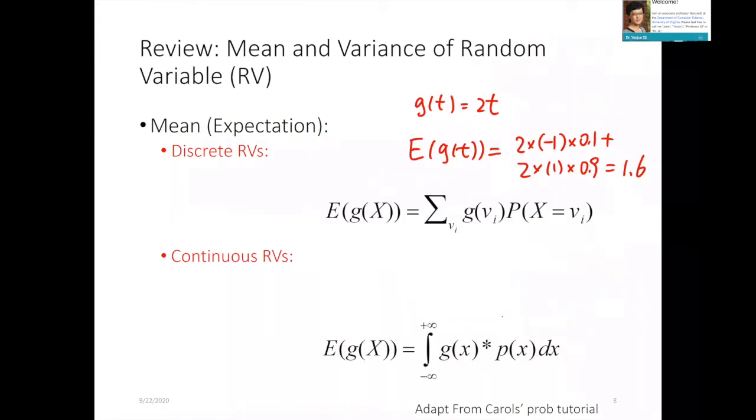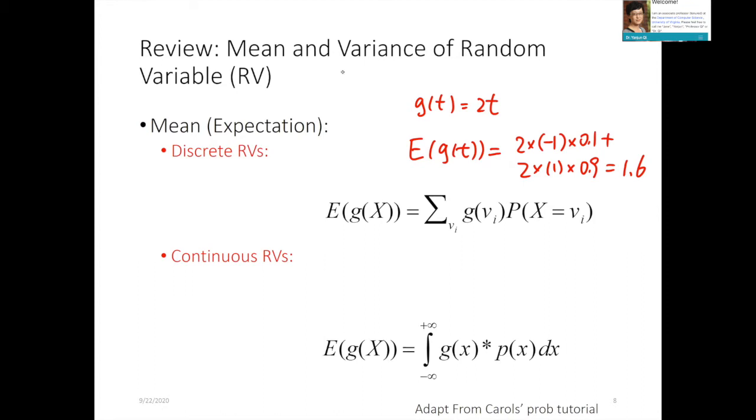Okay, so expectation can be calculated on a random variable, and can also be calculated on functions of a random variable. Let's still remember that Bernoulli variable T. Let me copy that Bernoulli random variable from the previous page.